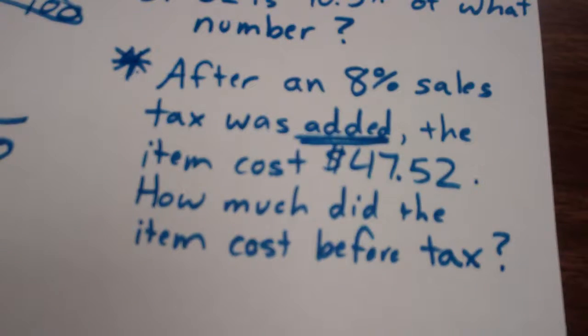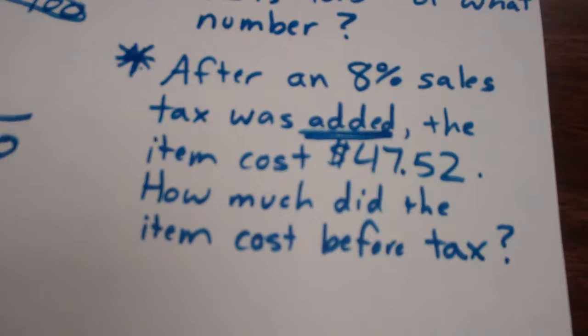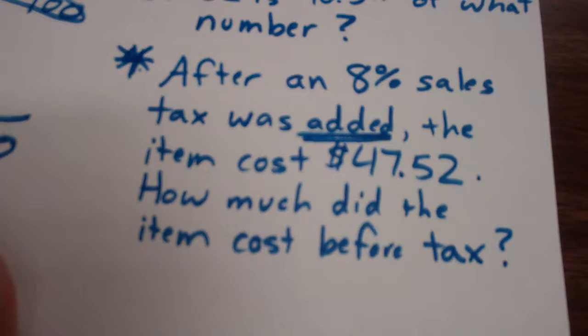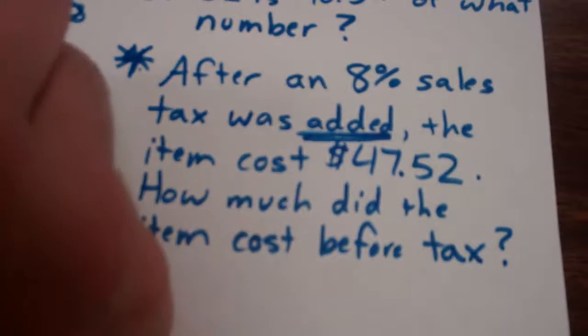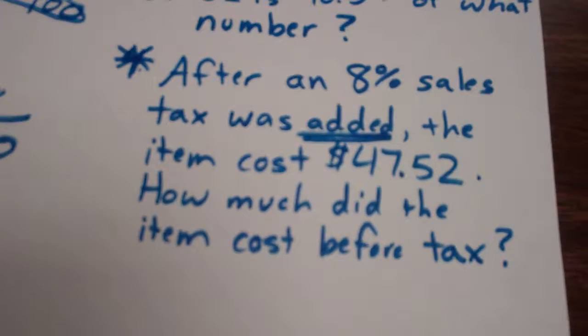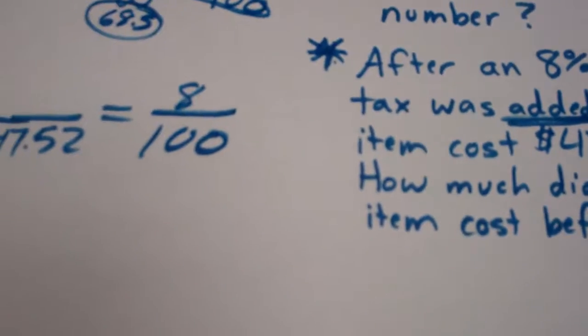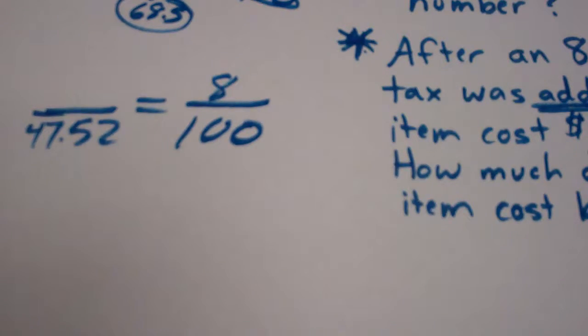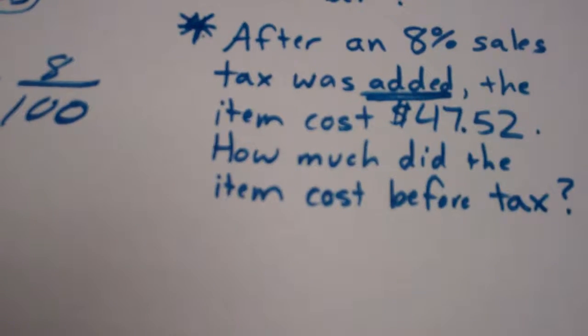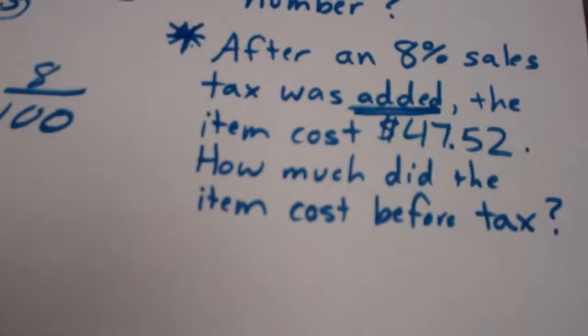And they start going through it and they say, okay, well, $47.52 must be my total. And I want to find 8% of it, 8% of $47.52. But that's not what it says. We're not looking for 8% of $47.52. We're saying after an 8% sales tax was added, we got to 47.52.